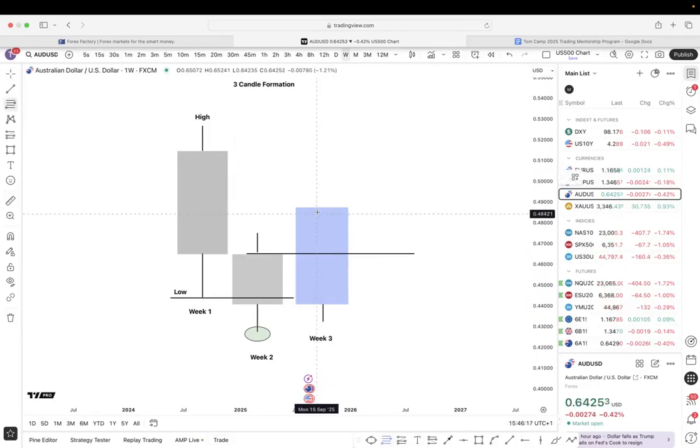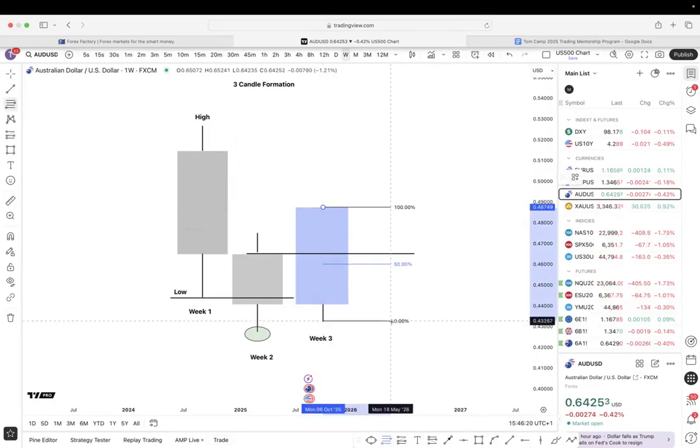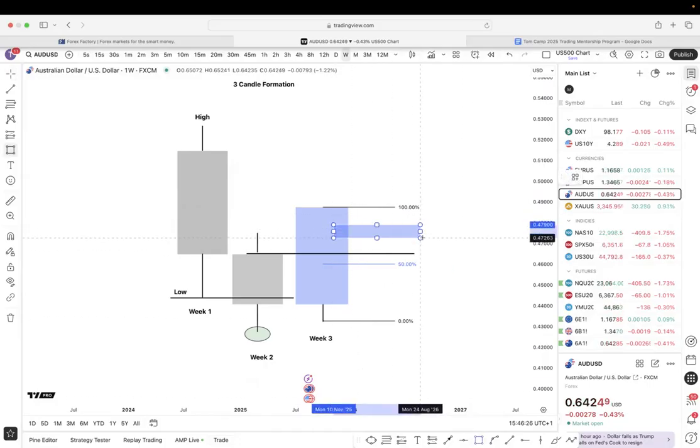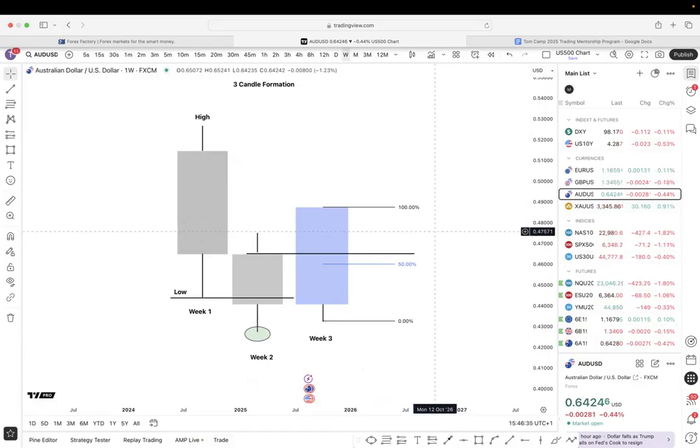And again, I am measuring this here and hoping that the upper half gets respected. So I would be looking inside the upper half for areas of confluence that I can use. That is how I'm identifying my bias.